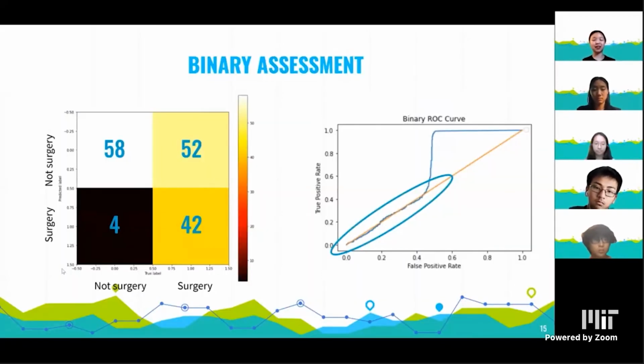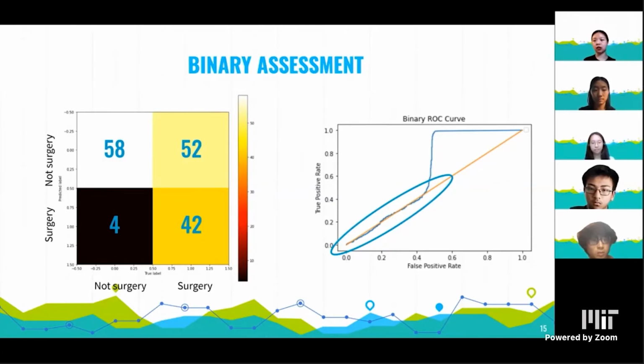On the left, again, we have a confusion matrix, this time with only 2 classes, and the diagonal from upper left to lower right is correctly classified, but 52 were rows that were actually surgery, but the model didn't detect that they were surgery patients. So this isn't great.